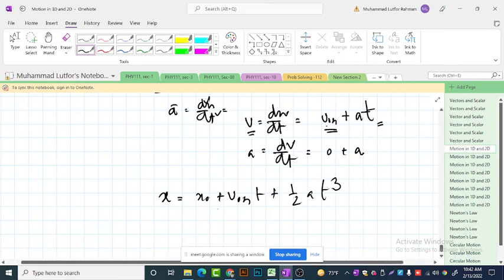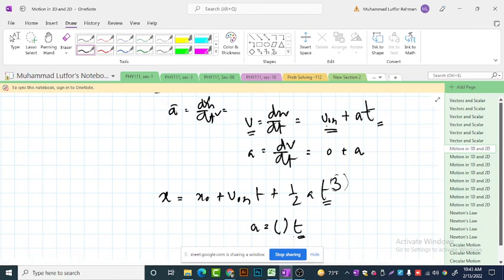If you take the second time derivative, because this one has a power of 3, after taking the second time derivative there will also be a t present in your equation. It will be something like 3a t. So it will be some constant times t, a function of t. It means that the particle is not moving at a constant acceleration. If you change the time, the acceleration will change.